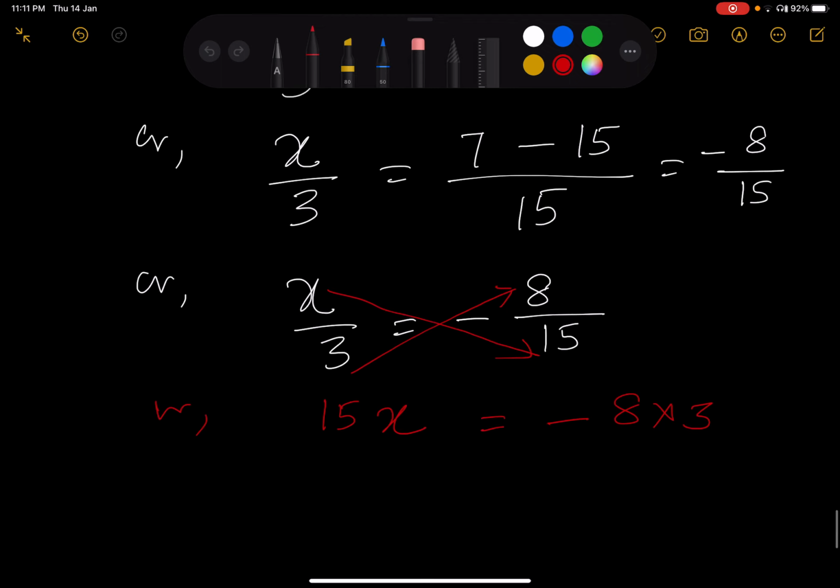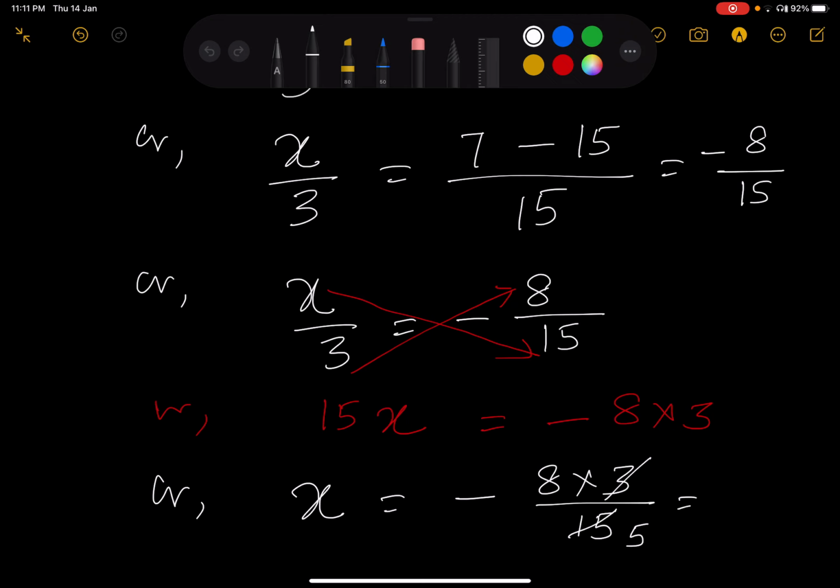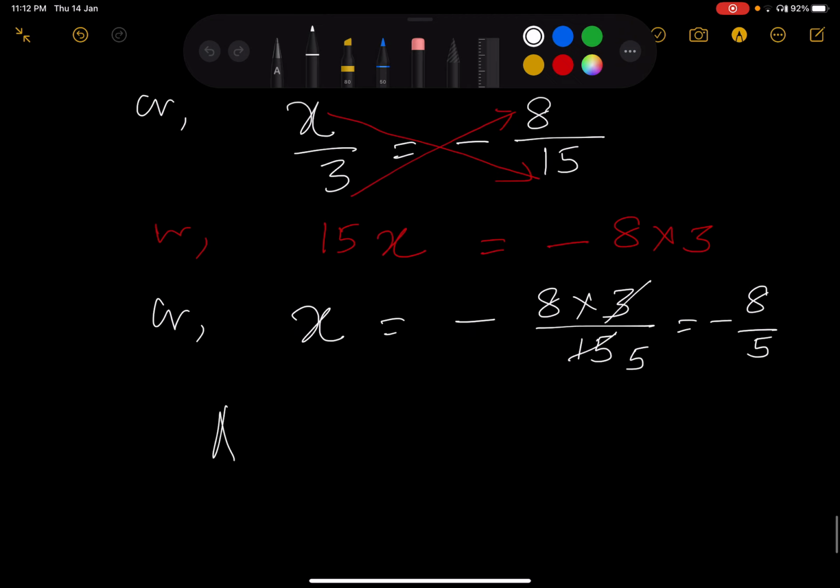So what we get? Students, we get x is equal to minus 8 into 3 by 15. So this is a common factor. 3 ones are 3, 3 fives are 15, minus 8 by 5. So the answer for this problem is x is equal to minus 8 by 5.